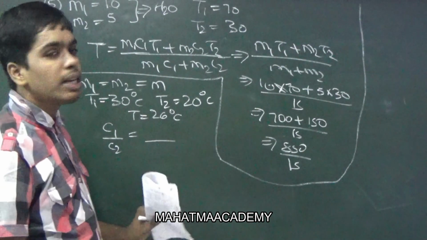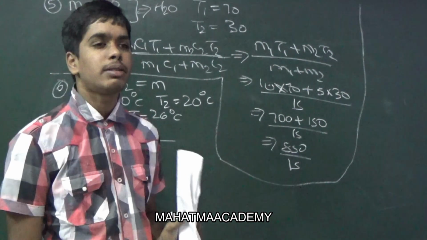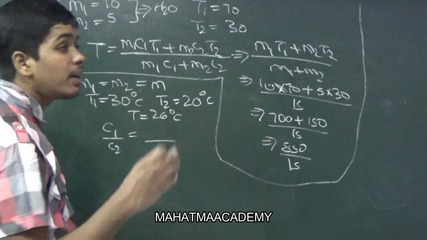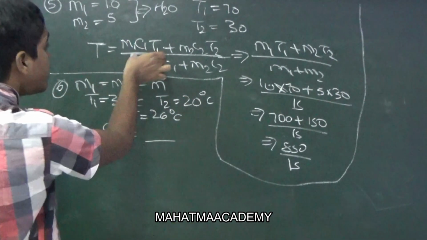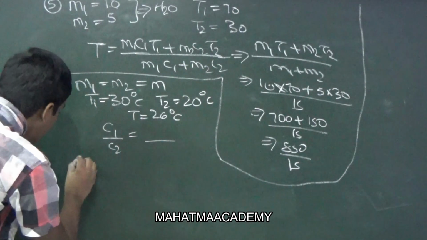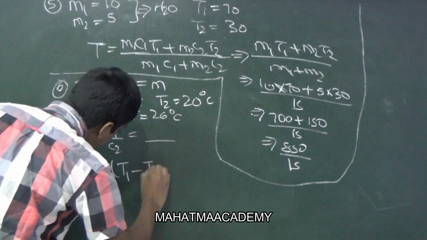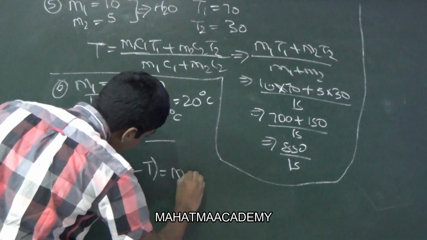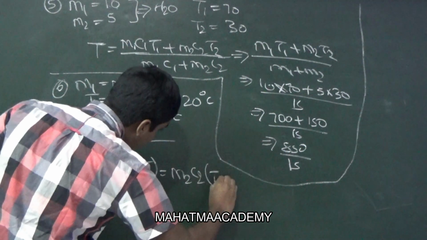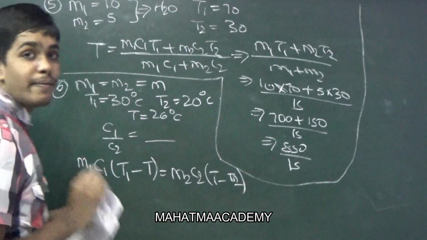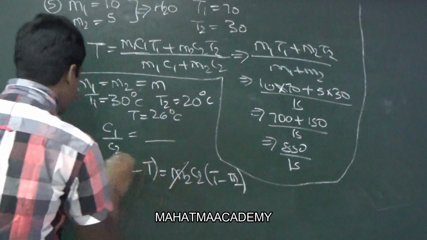I think you can easily solve this problem by converting the formula into M1 C1 into T1 minus T is equal to M2 C2 into T minus T2. Here M1 is equal to M2, so we can cancel them out.